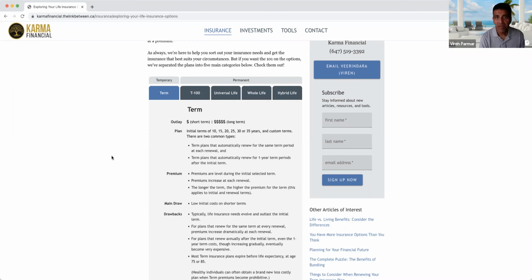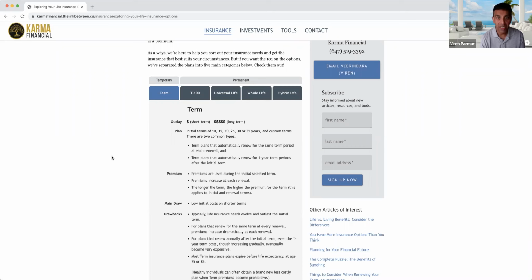The main difference between universal and whole life is the bearer of investment risk. So with universal, you bear the risk of the investments and basically the performance of the underlying investments. You choose between the selection offered by the insurance company.